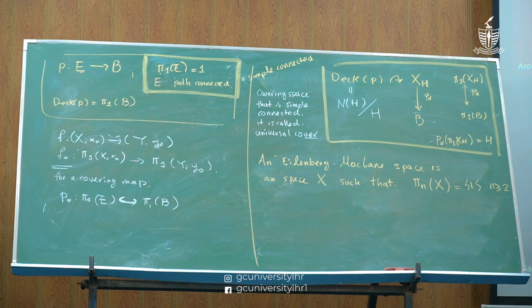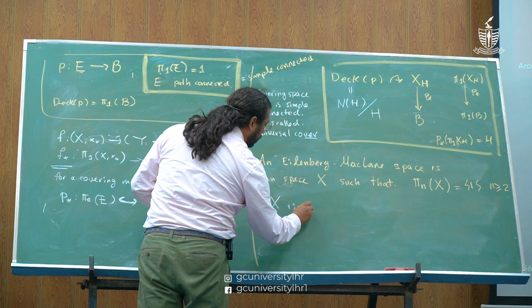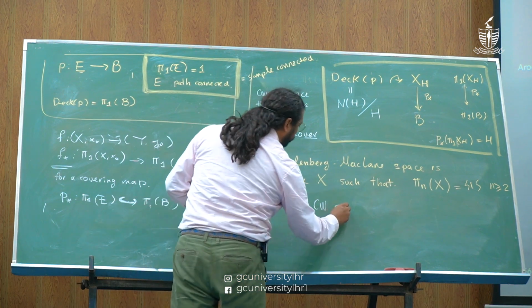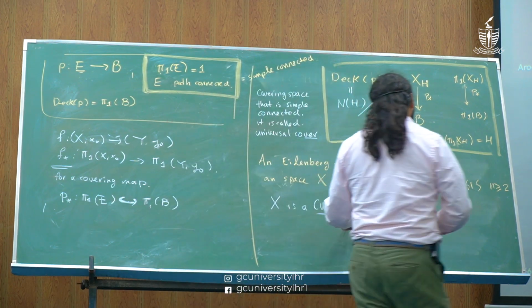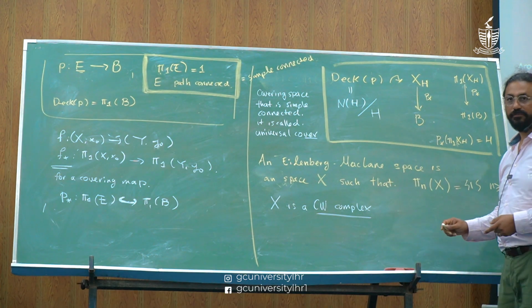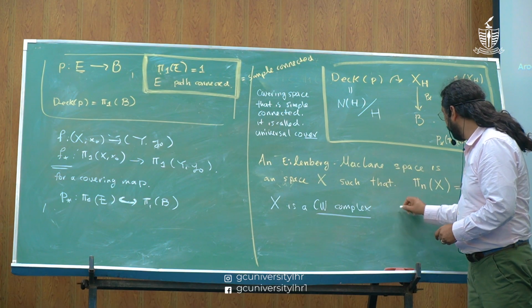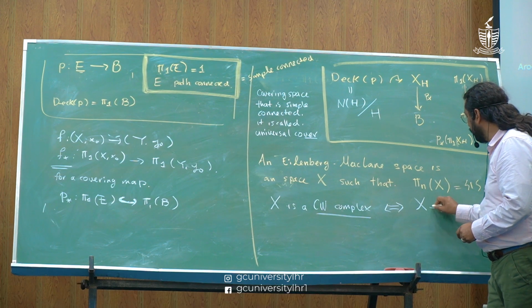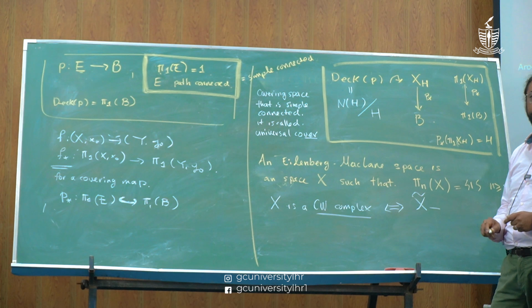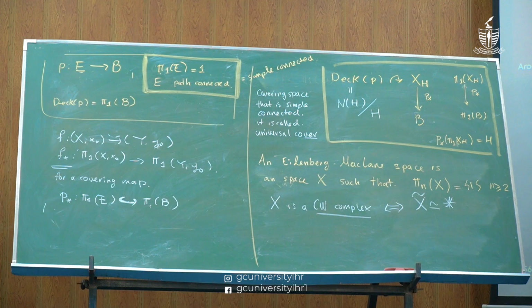All the superior homotopy groups are trivial. Okay? In particular, if X is a CW complex, we haven't said what this is, but I will tell you afterwards. If X is a CW complex, then this is equivalent to asking that the universal cover of X be contractible. Okay?